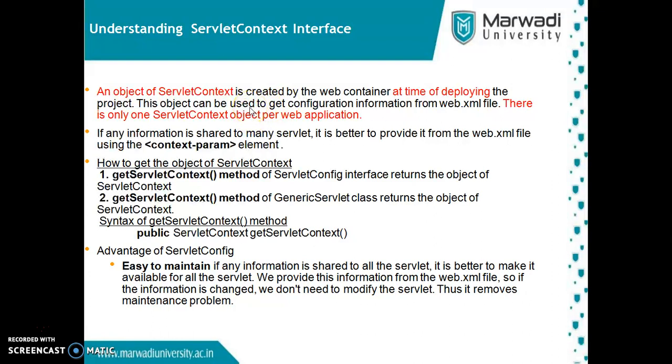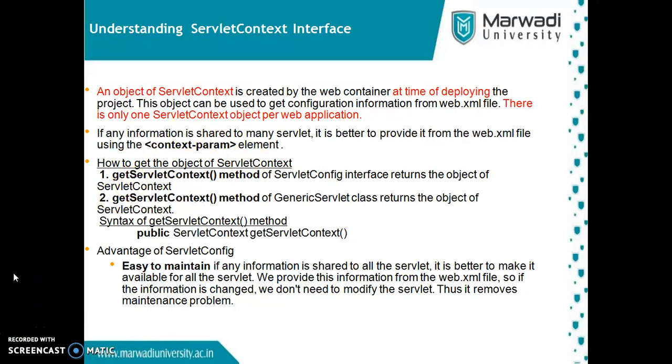The object can be used to get the configuration information from the web.xml, but there is a single object of ServletContext per web application. Again, I am repeating, there is a single object of ServletContext per web application, and there is a single object of ServletConfig per servlet.